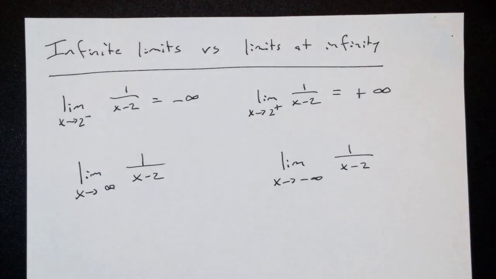I just realized I did these on the wrong side. The one on the left is going to positive infinity. We're going off to the right. Should have put the minus sign on the other side. We won't worry about that for right now.